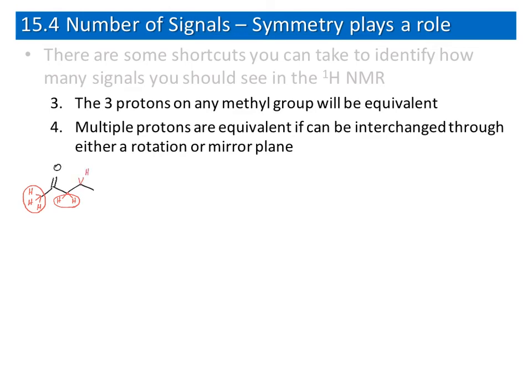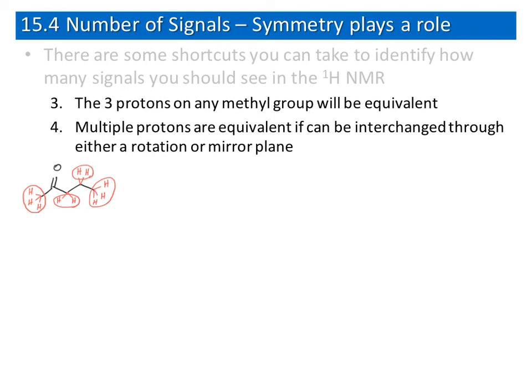These two are the same. They are going to give one signal. And these three are the same. They are going to give one signal. So we have a total of 4 signals here, even though we have more hydrogens than 4 in this compound. So we have 10 hydrogens, but there is only going to be 4 signals in hydrogen NMR.